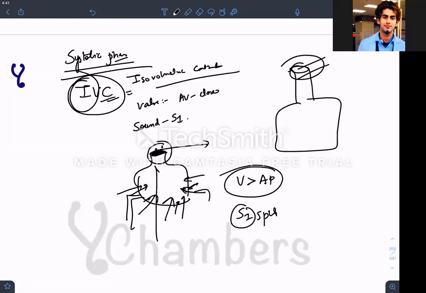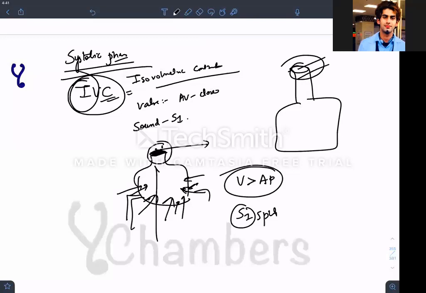In the isovolumetric contraction, which valve should you open after this? You are right now closing the AV valves, but which valve should open after it? You should have opening of the aortic and pulmonic valves. Aortic, because now you are generating the pressure to send the blood towards the whole body.